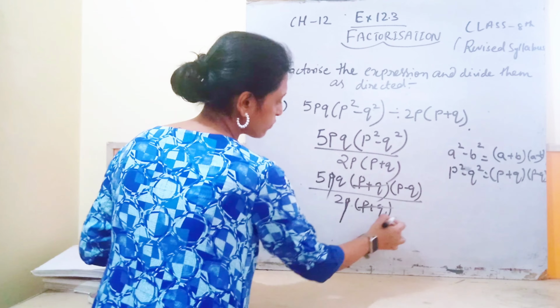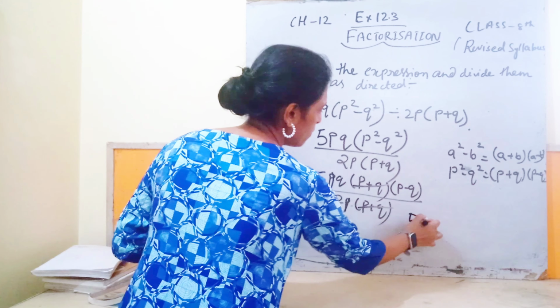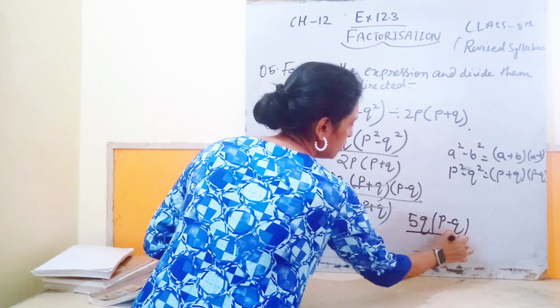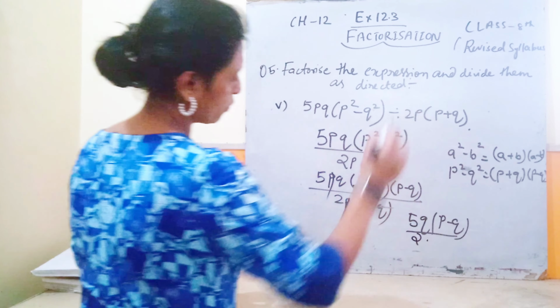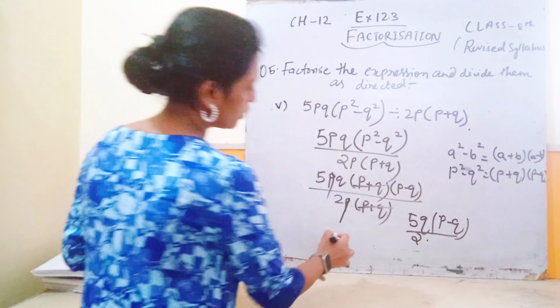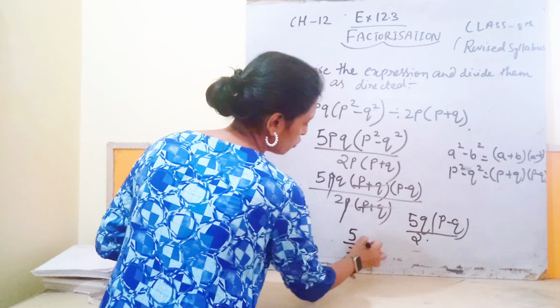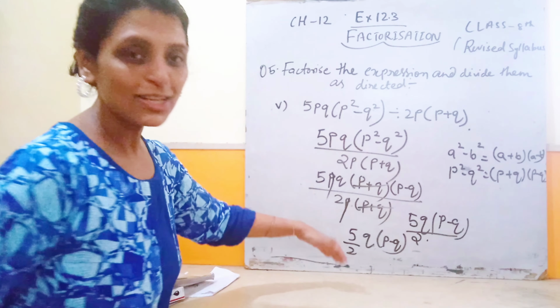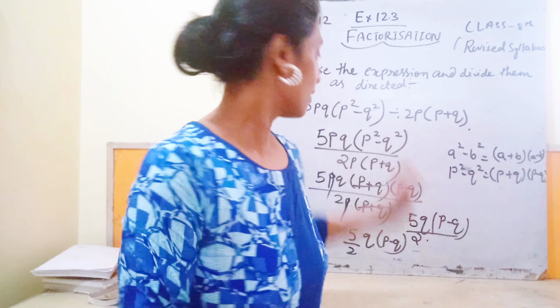So we are left with 5q, p minus q, upon 2. Or you can write 5 upon 2 q, p minus q. So this is the solution to this question.